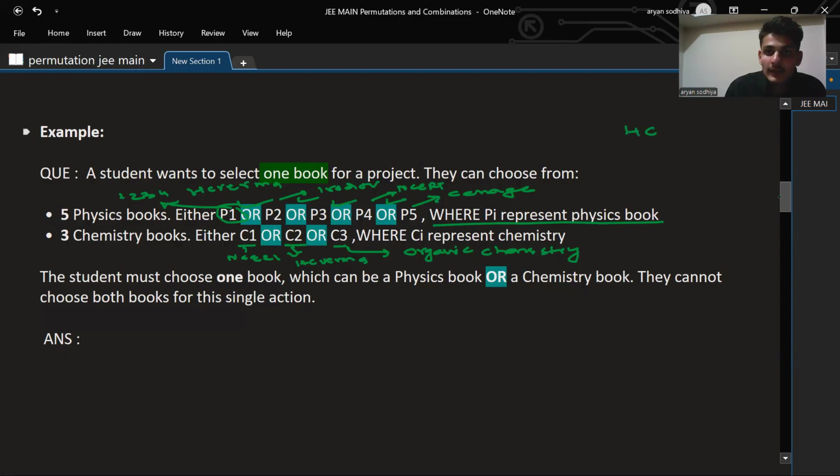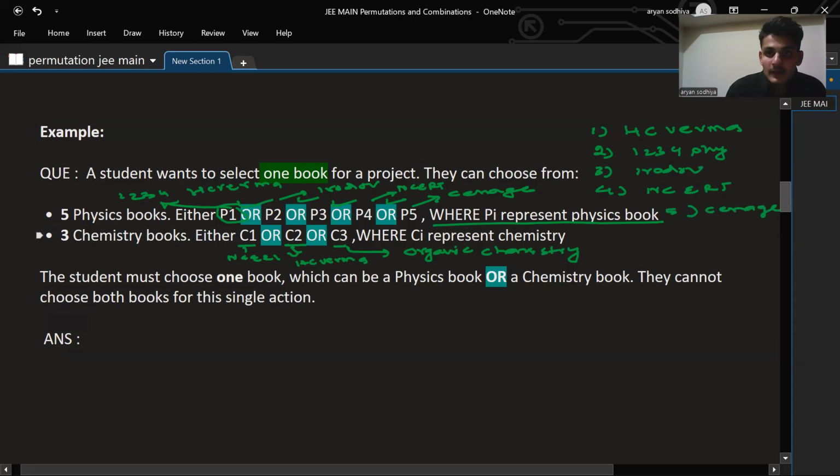If I select the SC Verma, this is one way. If I select the other physics books, that is another way. If I select Irodov, that is another way. If I select NCERT, that is another way. If I select Singh, that is another way. If I select NCERT of chemistry, that is another way.